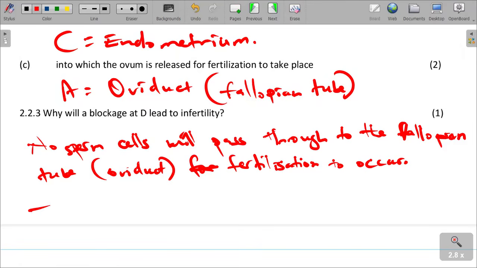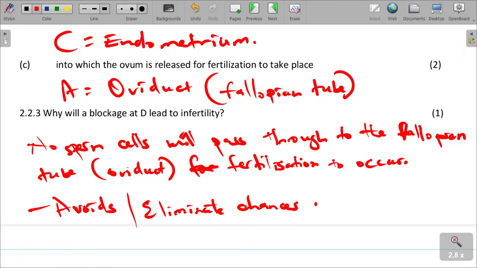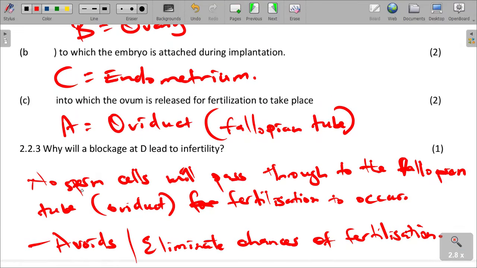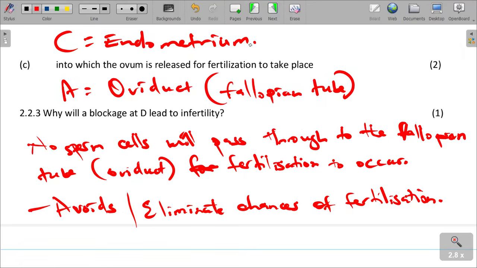It eliminates the chances of fertilization. Obviously, if there is no fertilization, there is no chance of pregnancy, so infertility will be there as a result.